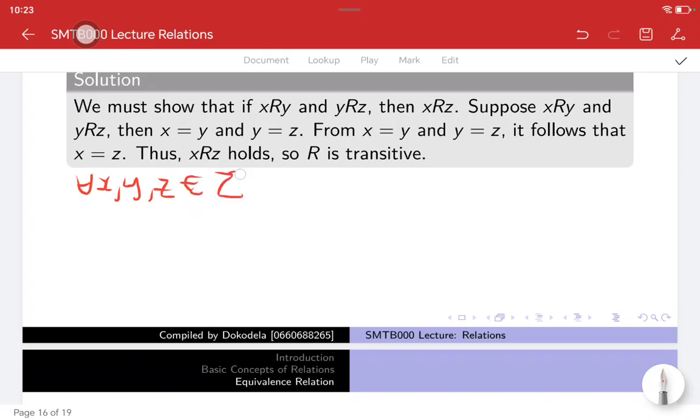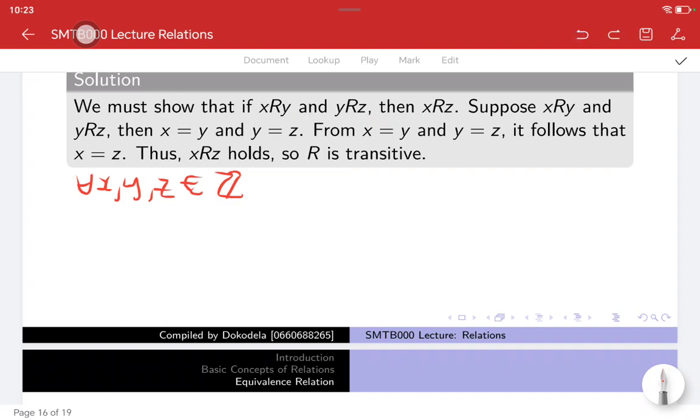element of Z. Now, here for transitivity, we must suppose these two statements. Then we show that X is related to Z. You see, right?